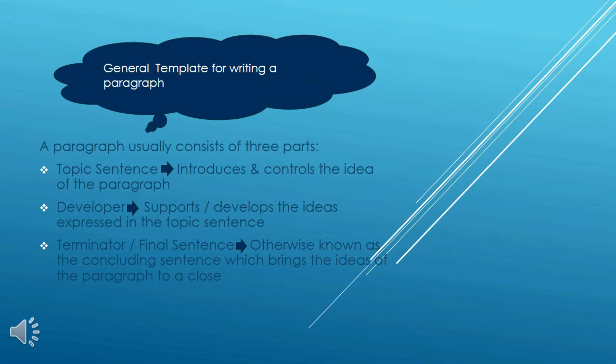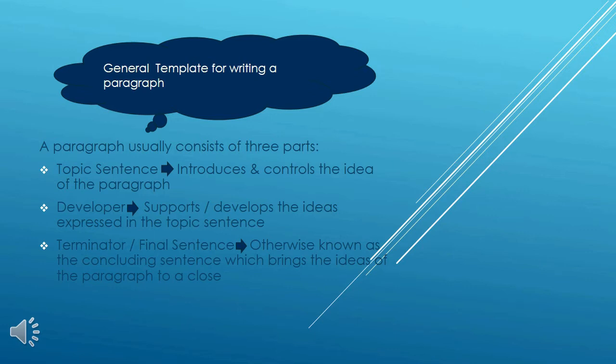Now comes the last point, that is terminator or final sentence or concluding sentence, which brings the ideas of the paragraph to a close. It actually draws curtain over your paragraph. So, it is in a way based on the topic sentence.